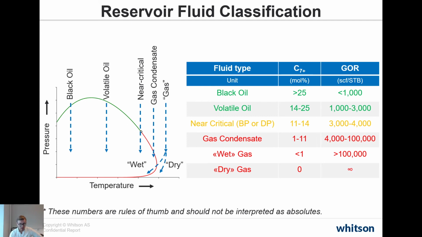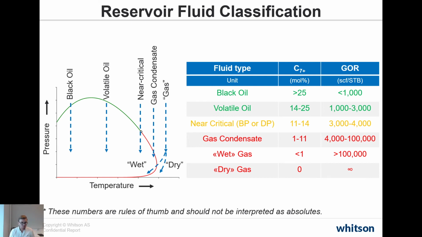Or if you have a dry gas, then you have essentially 0% C7 plus, and your GOR will be by definition infinite, because you will not have anything in the denominator.